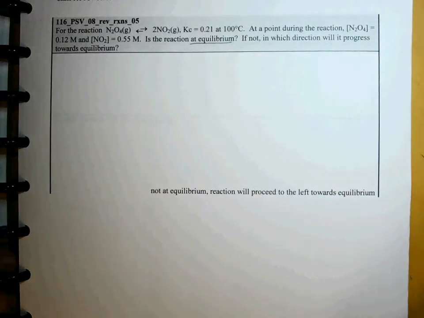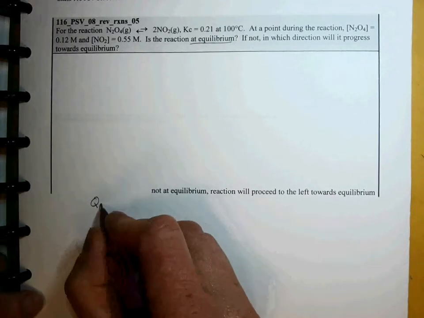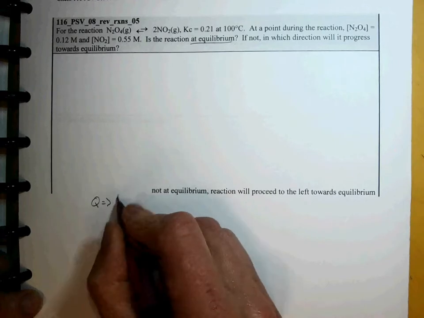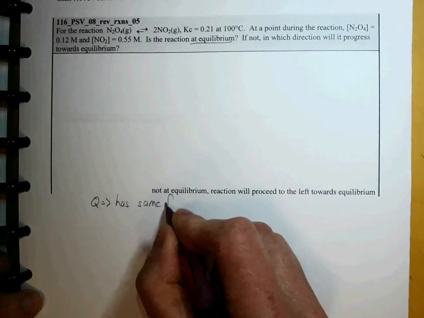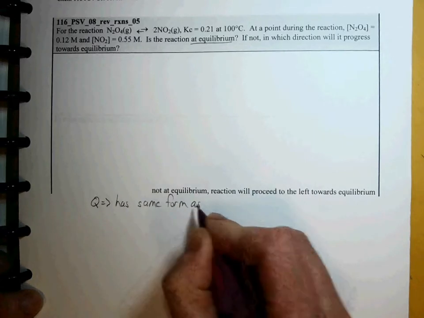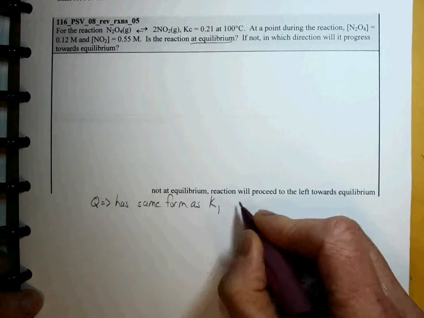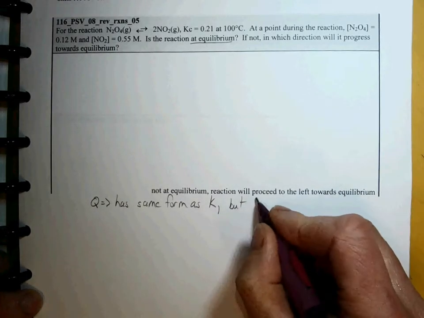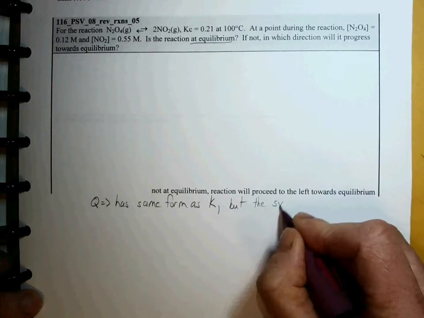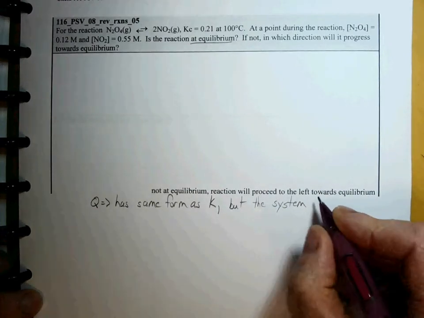To do that, we're going to have to solve for Q. Q has the same form as K, i.e. we would calculate it the same way, but we don't know if the system is at equilibrium. The system may or may not be at equilibrium.